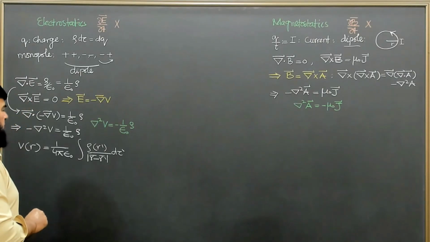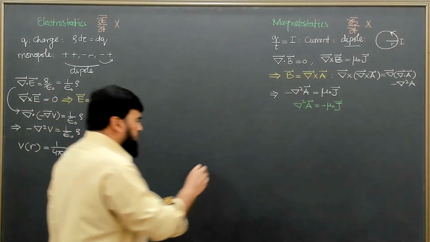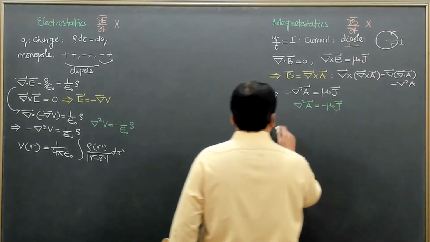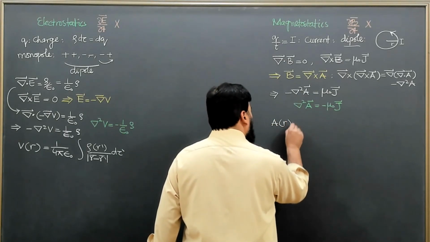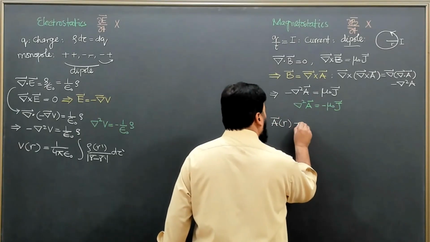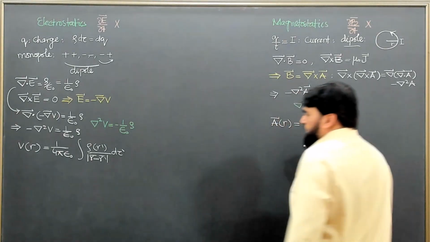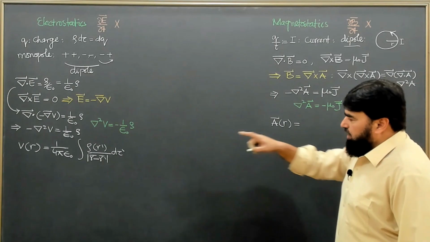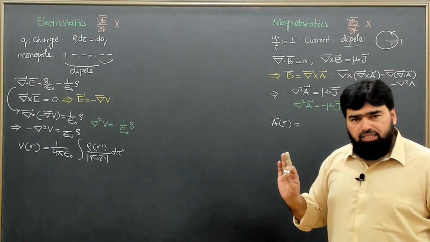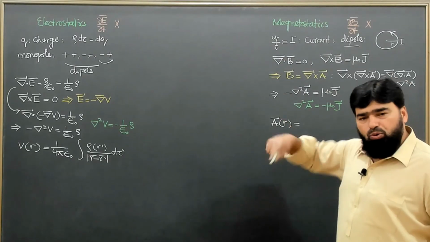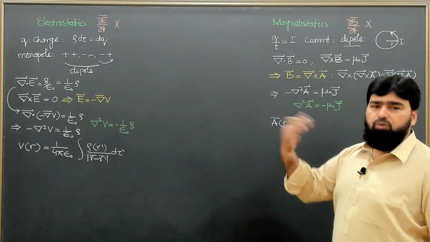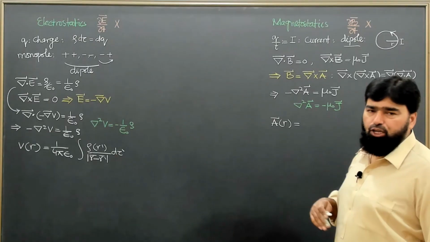And now, what will be the magnetic vector potential here? The magnetic vector potential A at the observation point r is equal to, the 1 over 4 pi will remain the same. Instead of 1 over epsilon naught, as usual, we will have mu naught in the numerator.